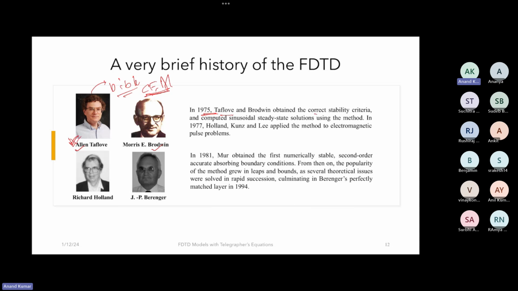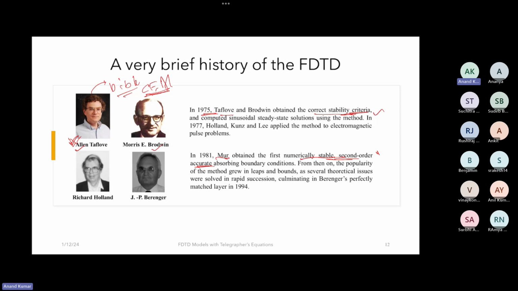They obtained the correct stability criteria, and in 1981, Mur gave the first stable second order boundary condition. Until Taflove gave the stability criteria and Mur gave the boundary condition, which are very significant achievements in the field of FDTD, the method did not become very popular.